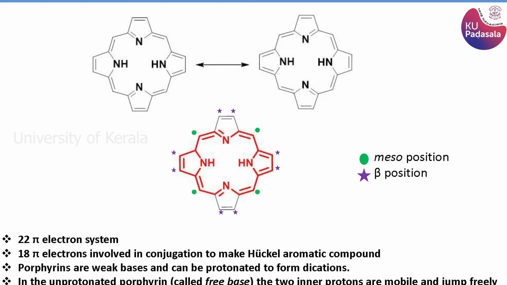The point is, the core of the porphyrin can be easily incorporated with different metal ions, including zinc, iron, cobalt, and nickel, and all of these will give different properties.